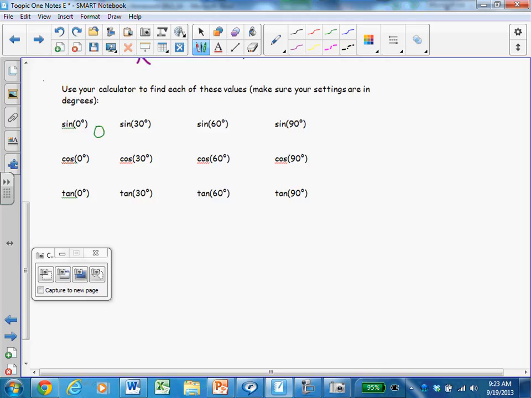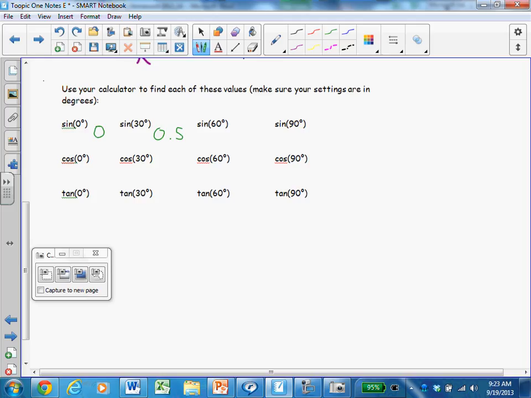So here we're saying, what is the opposite over hypotenuse ratio for an angle of 30? Okay? What did you get? 0.5. If you plug in sine 30 and don't get 0.5, your mode must be in radians. So change your mode to degrees. Are you good?